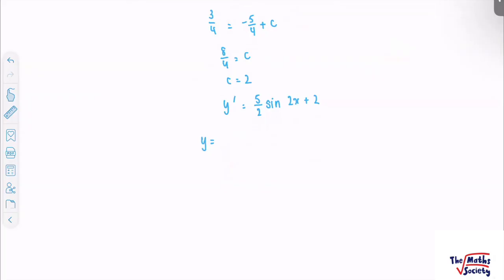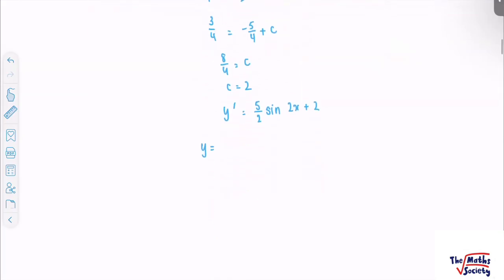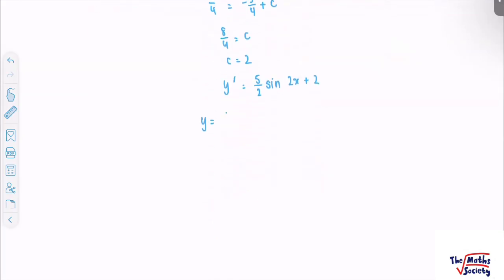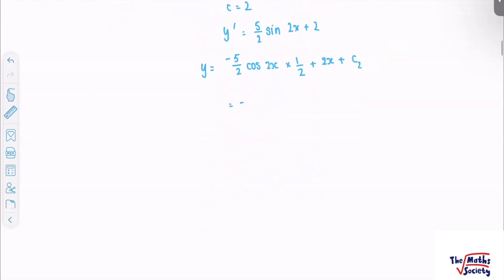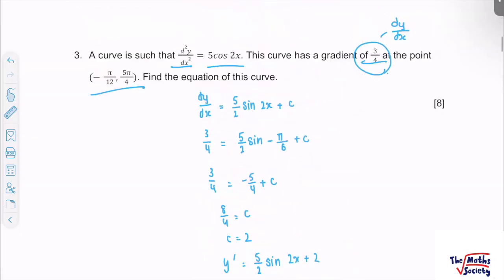So now we have 5 by 2 sine 2x, so that's going to be minus 5 by 2 cos 2x multiplied by half, plus 2x plus the second constant, which is going to be c2. And that's going to equal minus 5 by 4 cos 2x plus 2x plus c2. And we know that it is equal to 5 pi by 4.